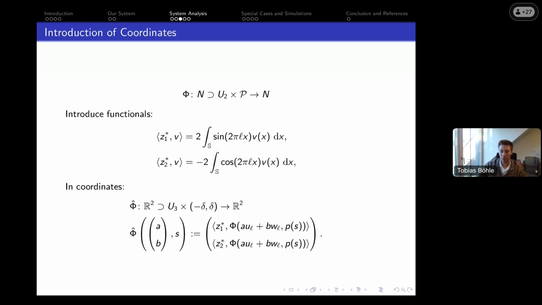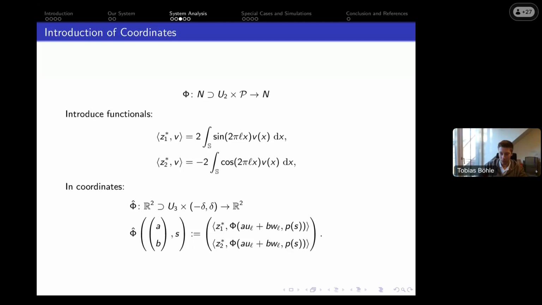What we want is a coordinate version of it. So we introduce some functionals, Z1 star and Z2 star, that basically extract the components of UL and WL. Remember that N is the null space which contains all the linear combinations of the functions UL and WL.